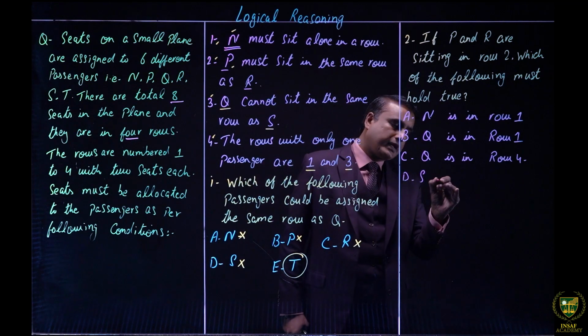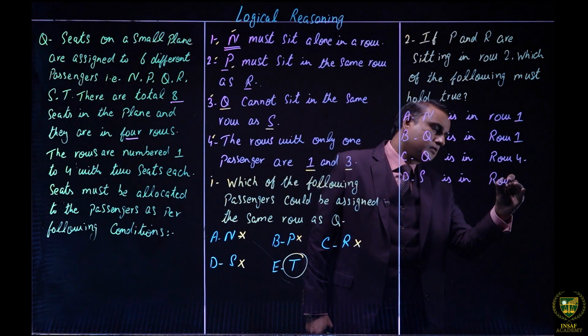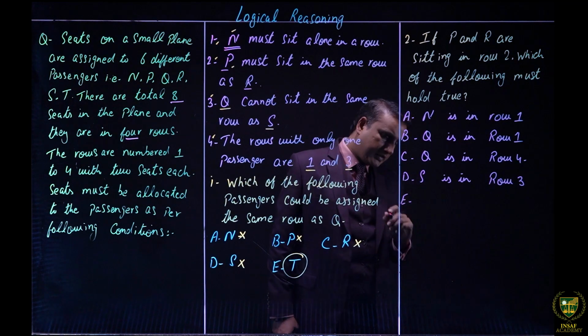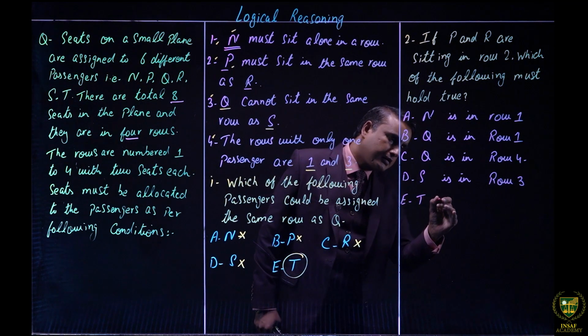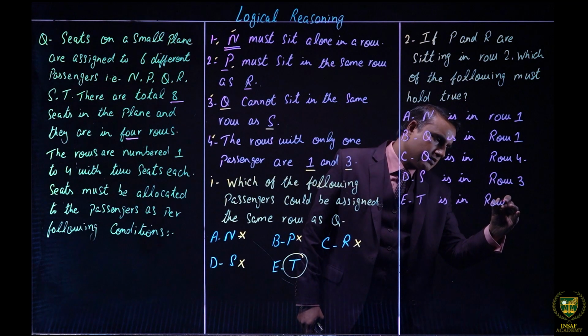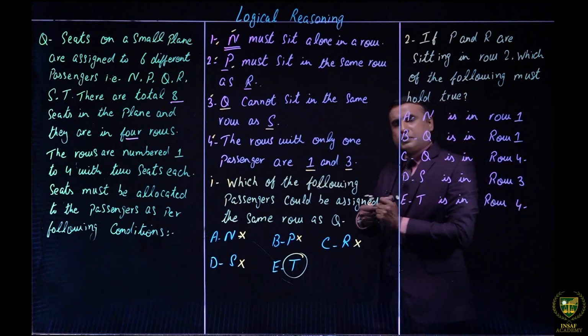Delta: S is in row 3. And eta: T is in row 4. So these are the options we have.